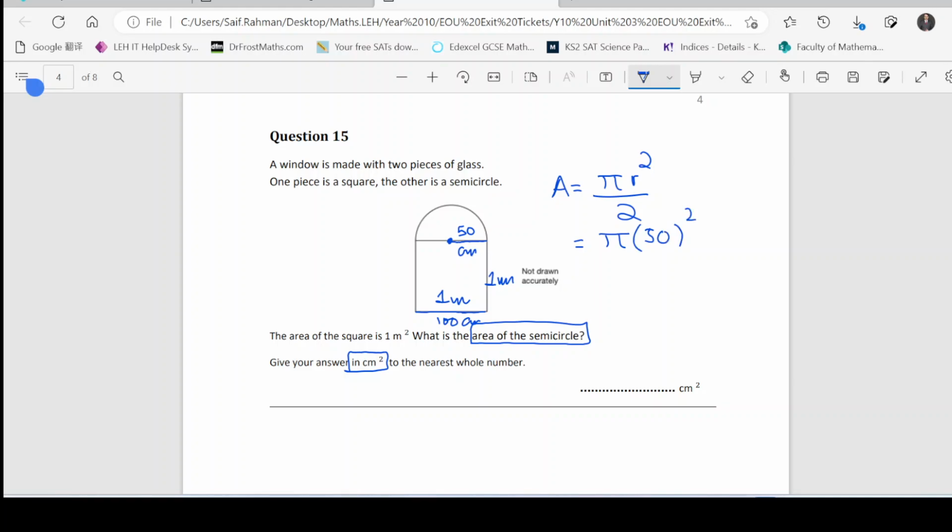If we solve, pi times 50 square and then divided by 2, that is 1250 pi, and we convert it into a number, 3926.99. We have to give our answer to the nearest whole number, so the nearest whole number will be 3927, because this 9 rounds up, and the answer is 3927 centimeters square.